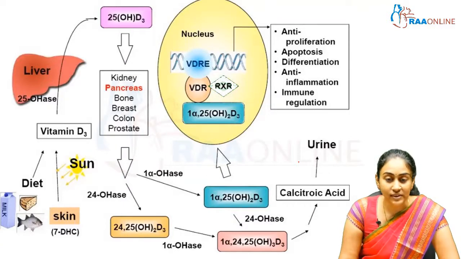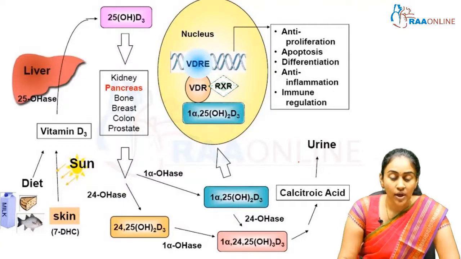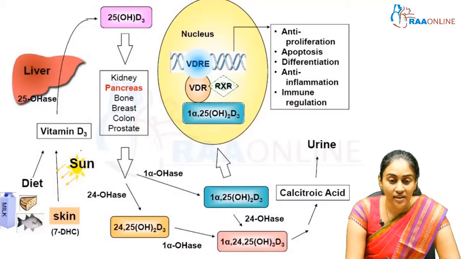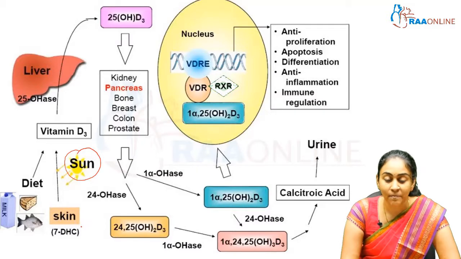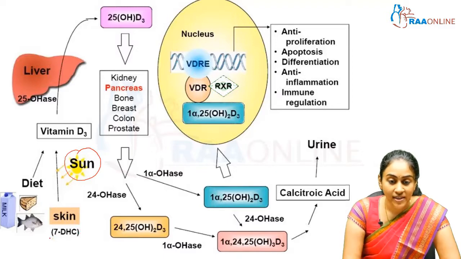So let us look a little bit at the vitamin D cycle. So now we all know that sun is a very important source of vitamin D. So what happens is the sun rays, the UV rays from the sun, actually act on a compound called 7-dehydrocholesterol, which is present in the skin.